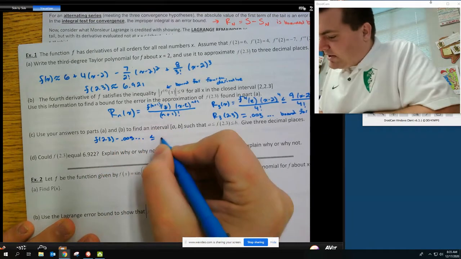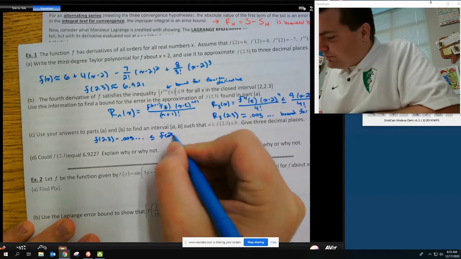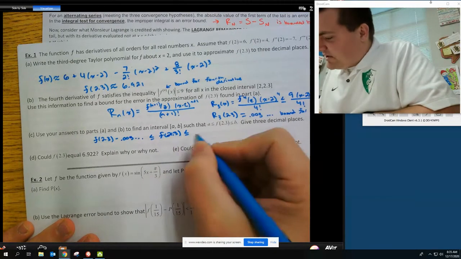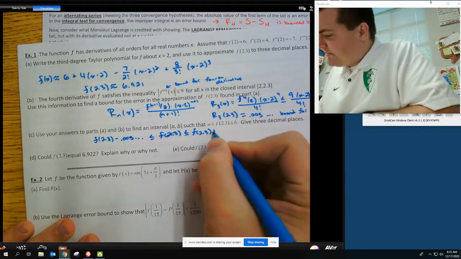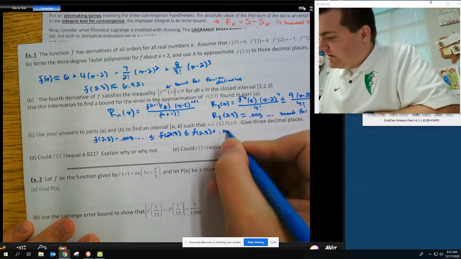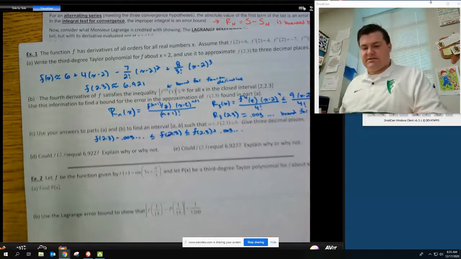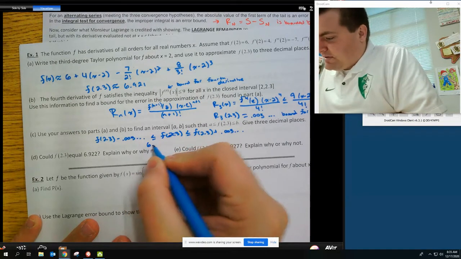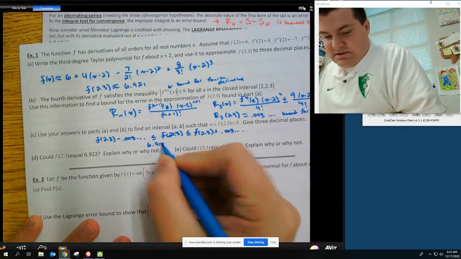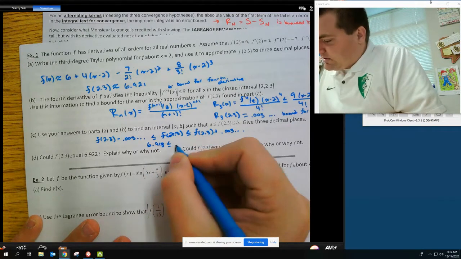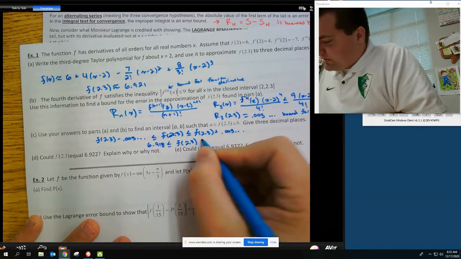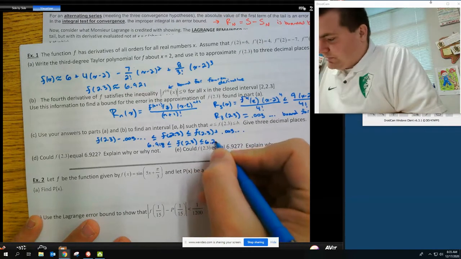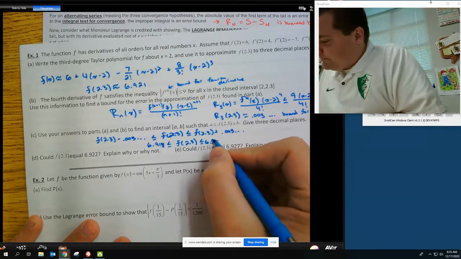It's going to be in between the f of 2.3 minus the bound and the f of 2.3 plus my bound. So I'm just adding and subtracting this bound on both sides. So this is going to turn into, do some real quick math in my head here, 6.918, and this is going to be 6.924.